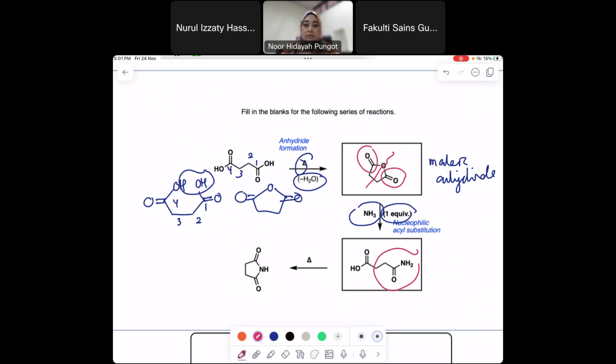Only because you supply one equivalent, you substitute only one of the acyl groups. So you make an amide, but the other group is still a carboxylic acid. Then when you heat it, just like the one above but with one side being an amide, water comes out again and you get the cyclic amide. That's it.